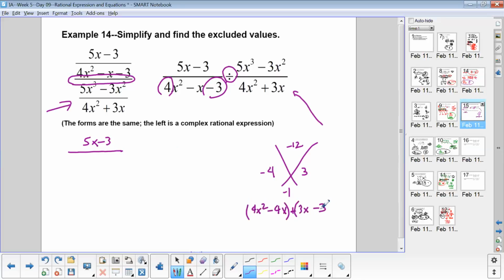Group and factor, so that would be 4x times x minus 1, divide out the 3, x minus 1. So this denominator would actually be 4x plus 3 and x minus 1 from right here.